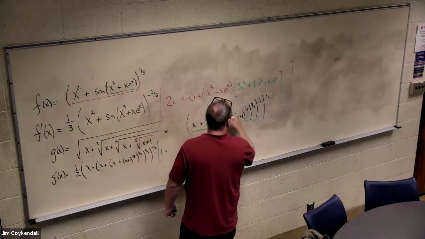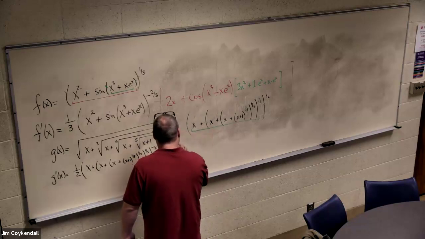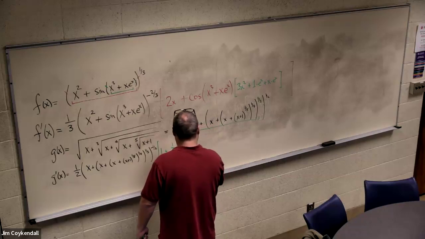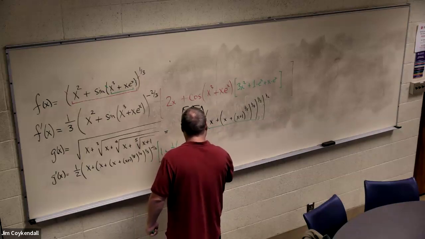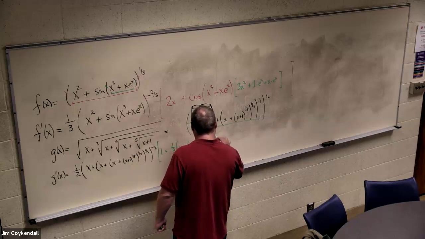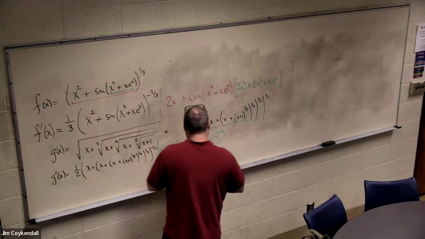Derivative of this, well, it's block to the 1/3, right? So it should be 1/3 of x plus the 5th root to the 1/4 minus 2/3.